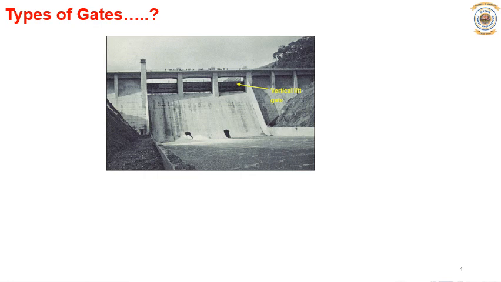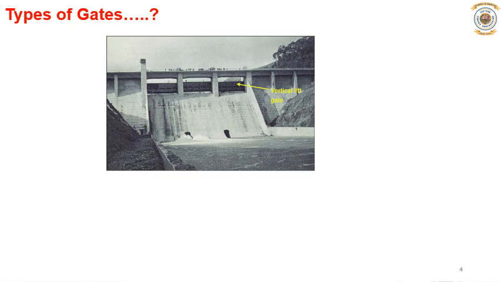So the control of head of water elevation and discharge through the dam may be effected in three principal ways, namely crest control, crest gates, or sluice gates or valves.